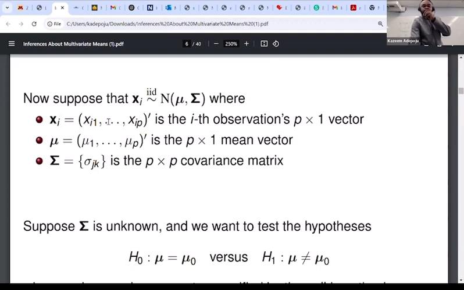Then they are going to have their population mean, and at the same time there's going to be a covariance matrix, where I have the variance for each variable and also the covariance between them. Now we're getting there.